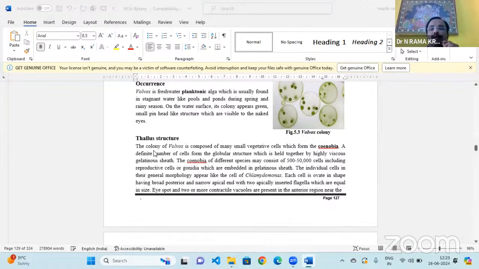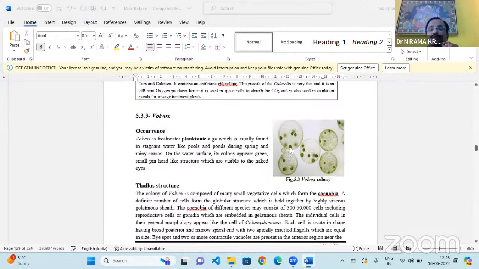You see here, Volvox is always not single; it is always a colony type. Now you see here one, two, three, four. A group of thalli, we look at a particular area, so we call this a colony.